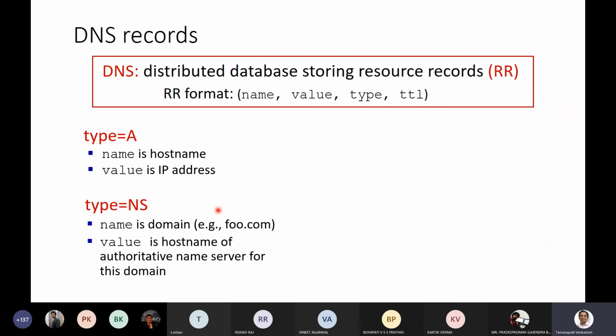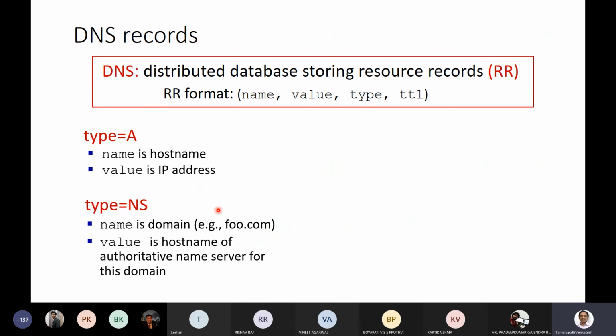So it passes that as a response. You are querying a type A record, but you will get a type NS response, wherein the type NS response will give you the name of the domain and the host name of the authoritative name server for that particular domain.